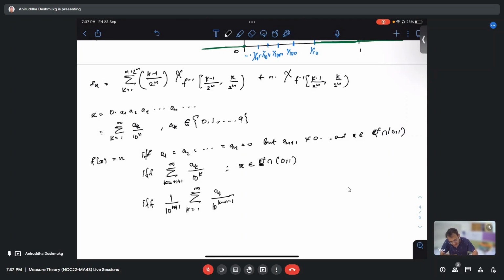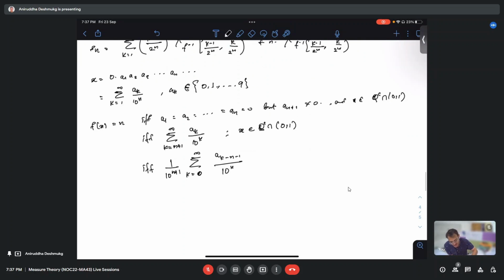So notice that since ak is non-zero, oh well, again here it should have been, but is it? Yeah, I have not written it correctly. So once I take 10 to the power n plus 1 common here, the numerator becomes k minus n minus 1, but the denominator remains 10 to the power k, or rather it should in fact go from 0 to infinity.